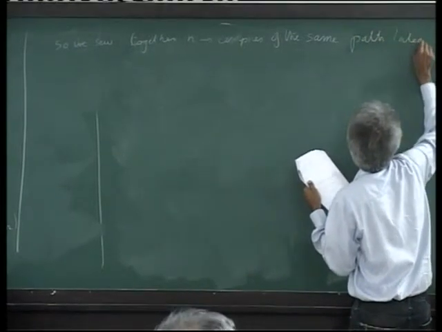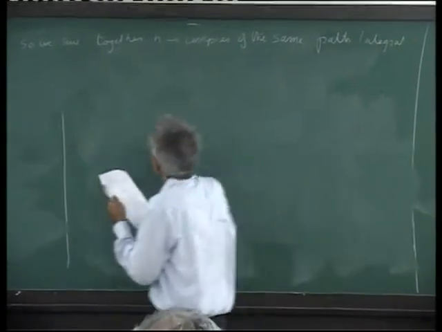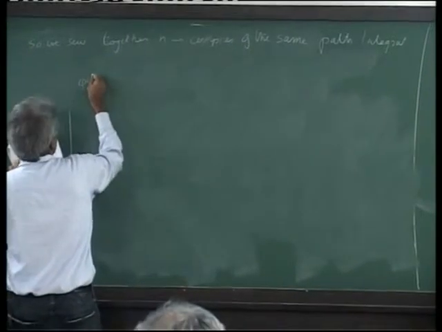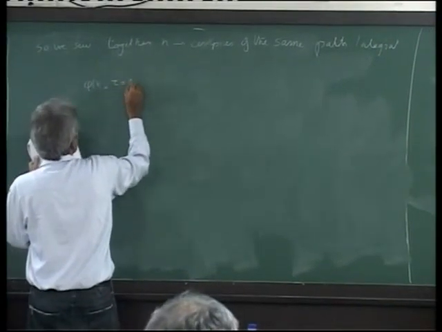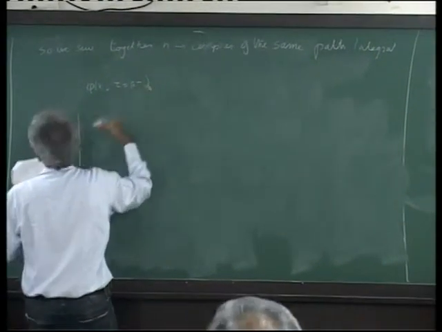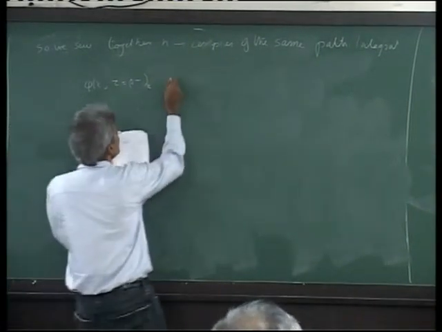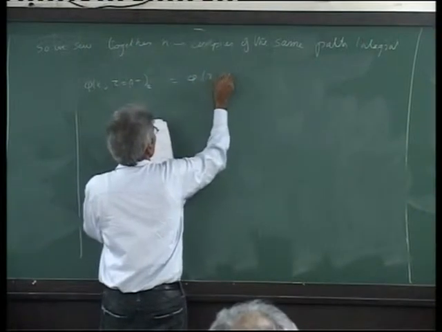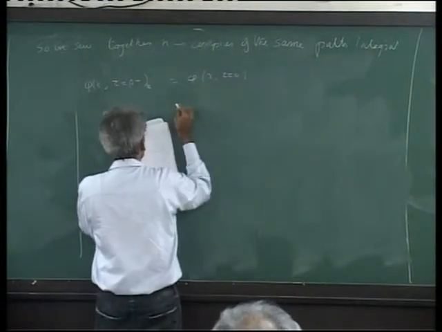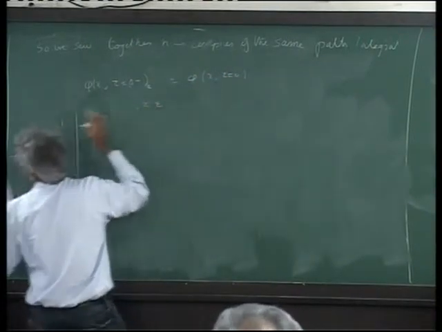So let me write it. For the kth copy, phi of x at tau is equal to beta minus is equal to phi of x at tau is equal to 0 for x belonging to this interval. Let me just call it A fully.